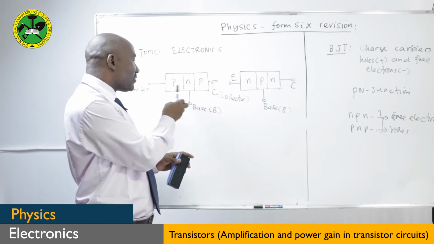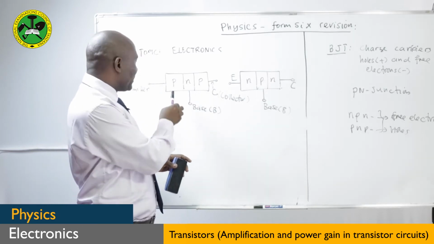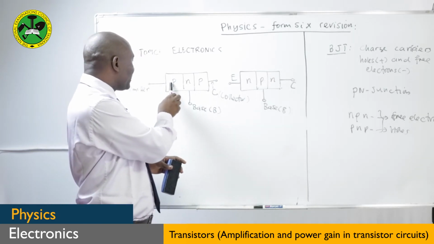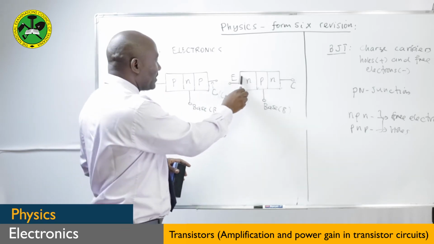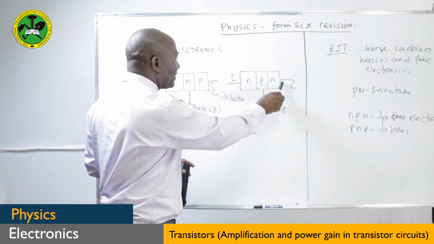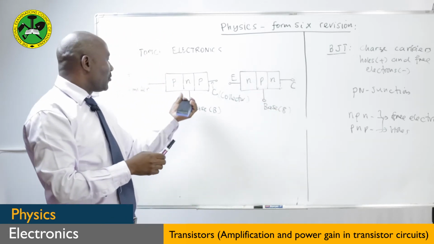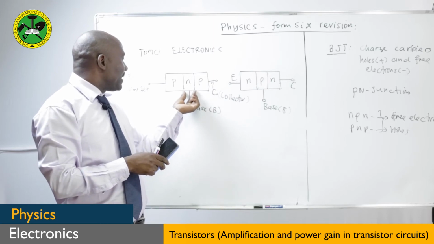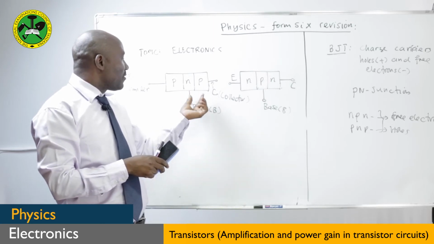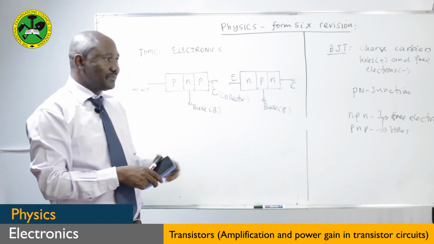It may be electrons or holes. Here the holes are emitted from here, and this is the area where they are attracted. Here the electrons are emitted and attracted. But in between, we have the terminal which is used to control the amount of charges reaching the collector. It's here.